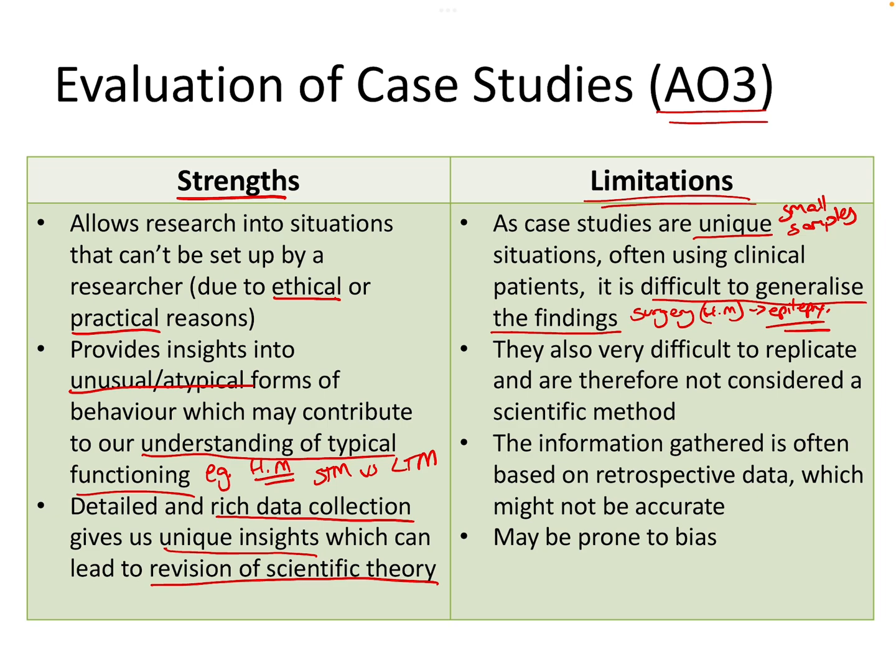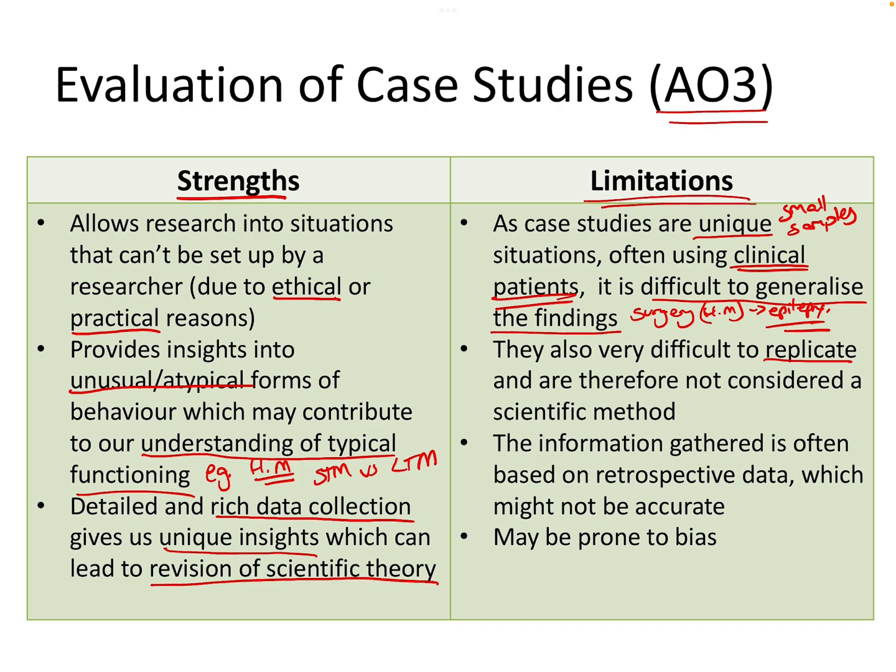And that's often the case when we're dealing with clinical patients, patients that have some sort of disorder or disease or something that makes them clinical. It's also really difficult for us to replicate these studies. If somebody has brain damage from a car accident, we're never going to be able to find somebody who has sustained the exact same damage in their brain to see if the findings are reliable.